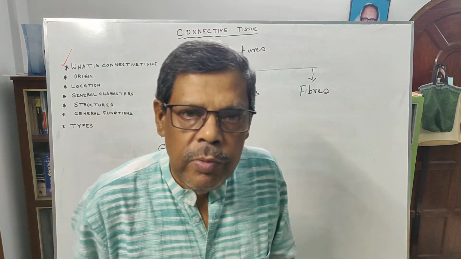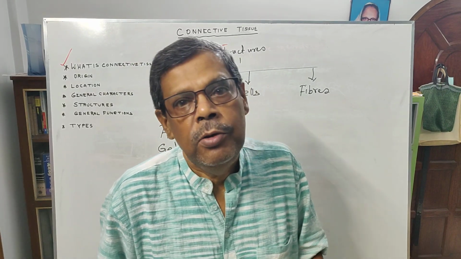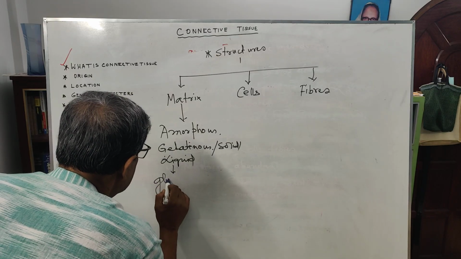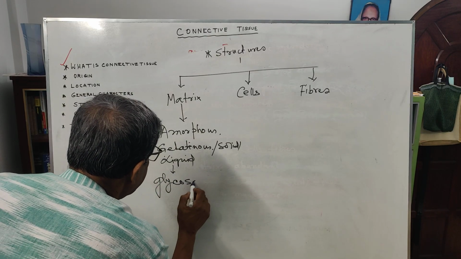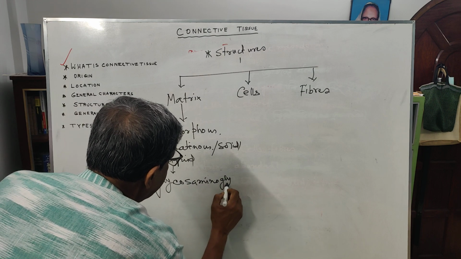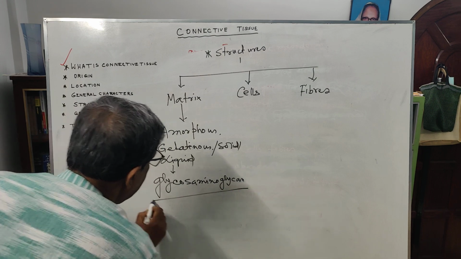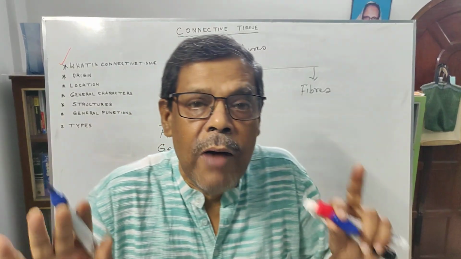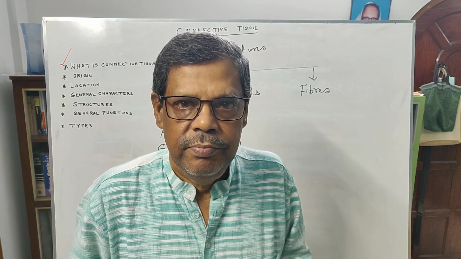It is composed of glycosaminoglycan, a chemical substance. This matrix is much more than the cells.